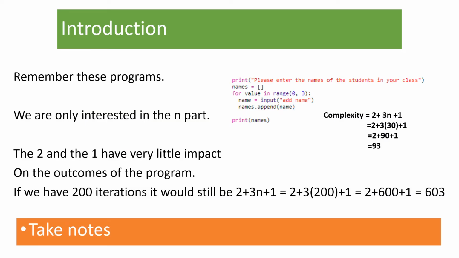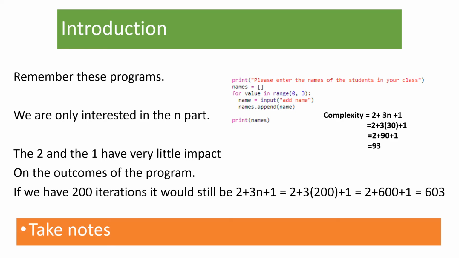Can you remember this program from the start of our lesson? Remember, we're only interested in the for loop because those other 3 lines of code have very little impact on the outcome of our algorithm. So let's imagine if we had 200 iterations, 200 pieces of data. The algorithm would still be 2 plus 3n plus 1.